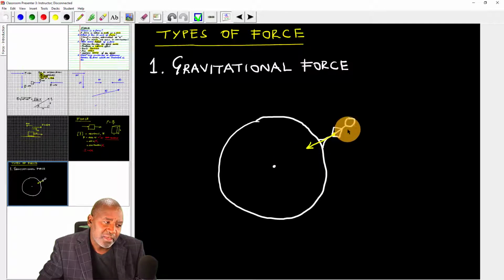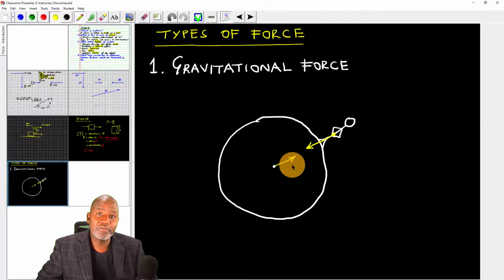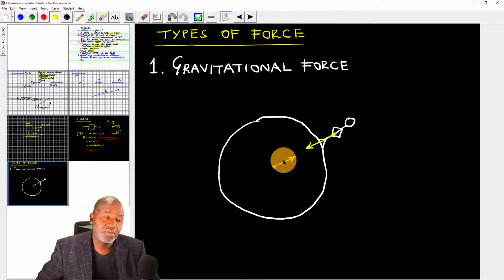And this person is also going to exert the same amount of force on the Earth with the same amount of gravitational force. This is where most students fail to understand. They fail to understand the significance of putting two arrows and why they should be pointing towards each other. Each one of the arrows means something different.